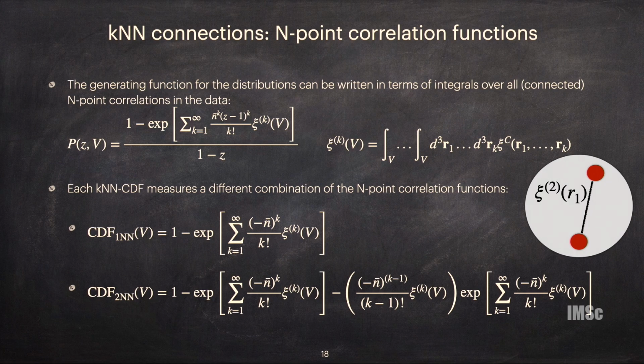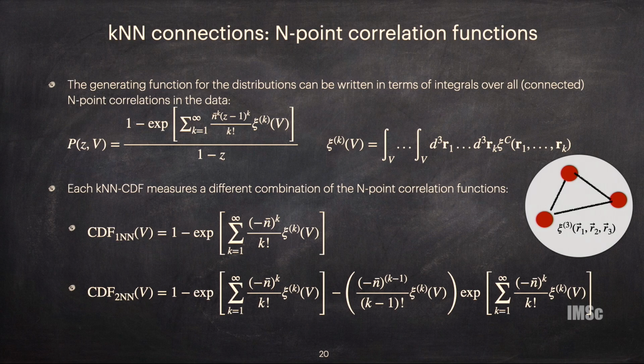So let me look at the k equal to 2 piece. The k equal to 2 piece is an integral of the 2-point function over all configurations that fit into a sphere of radius r, okay? So this is one configuration that fits here, this is another configuration that fits there. So I can write the integral over all such configurations, and that is one of the terms here.